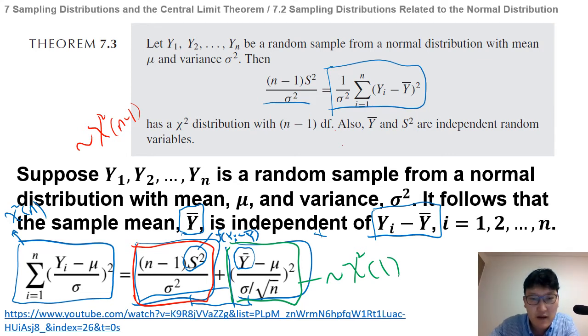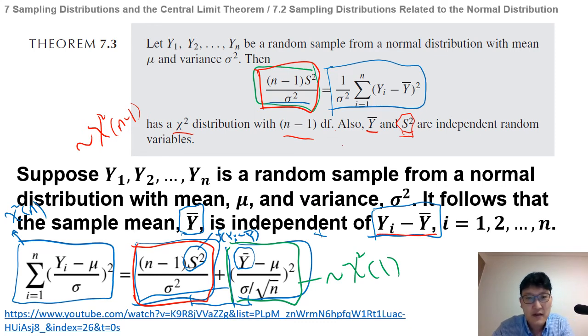After proving like this, then you can prove that this term, the red term, follows chi-square distribution with n minus 1 degrees of freedom, and you can also prove that y bar and s square, since s square is a function of yi minus y bar, are independent.